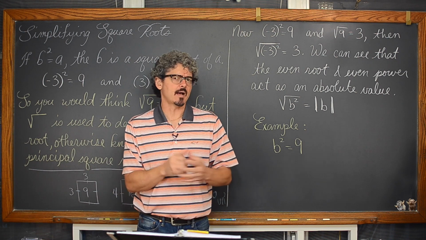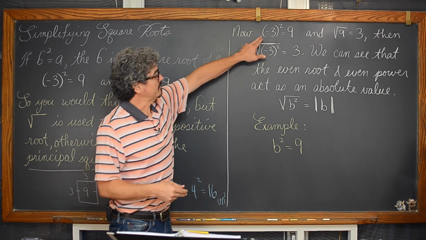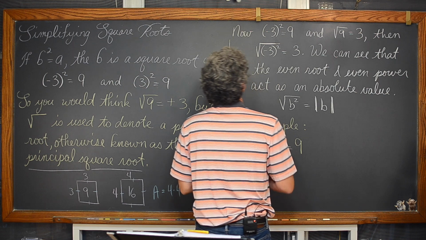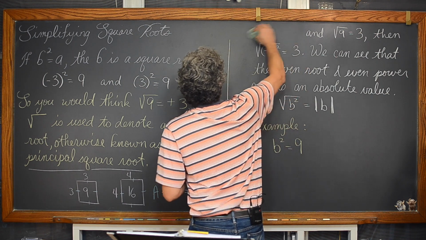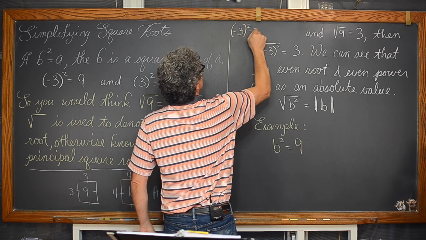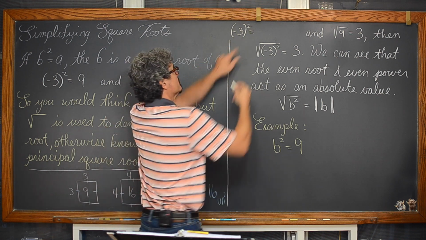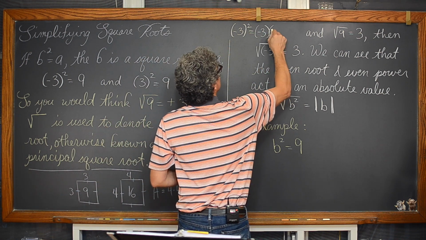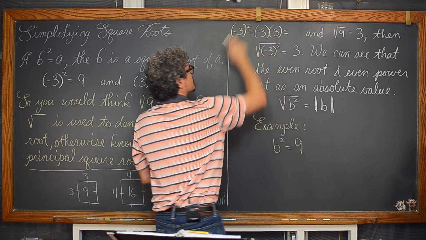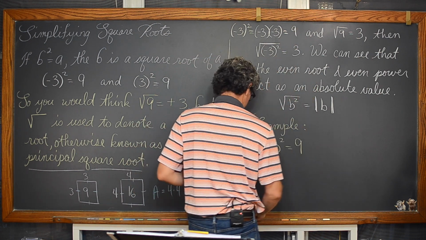Now something interesting happens with squaring and square rooting numbers. If we start with negative 3 squared, let me go ahead and write that out. If I say that I want to calculate negative 3 squared, of course, that power of 2 means that you're going to take the base, write it twice, multiply those together, and of course we get that negative 3 squared is negative 3 times negative 3, which is equal to a positive 9.